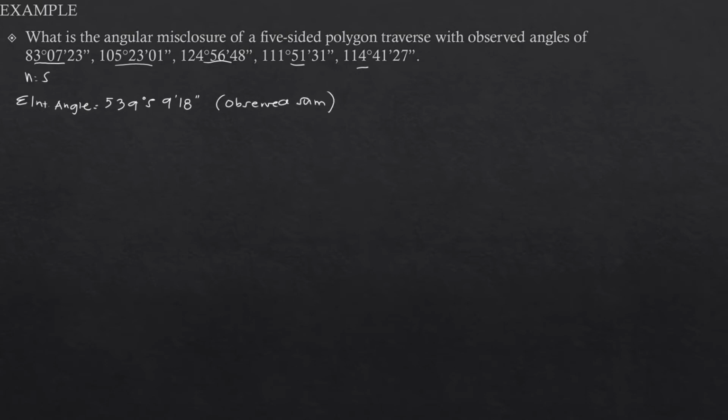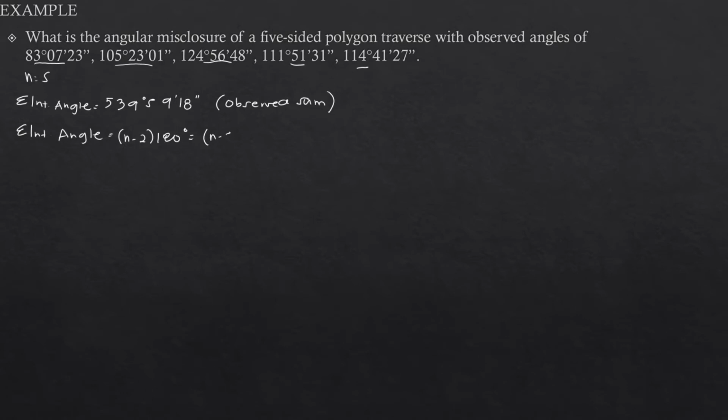Okay, so kunin natin yung summation of interior angle, pero yung sa five-sided polygon talaga. So, yung correct or geometric sum. So, meron tayong n minus 2 times 180 degree. So, n natin is 5.